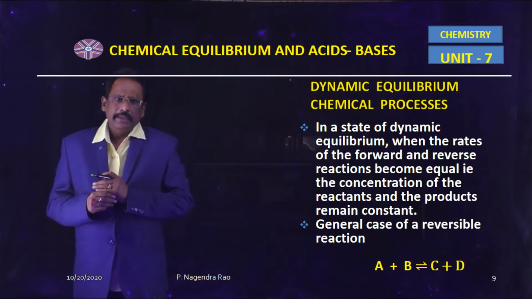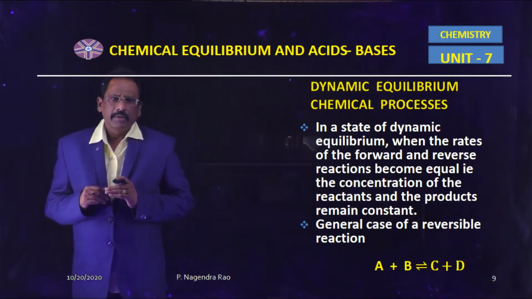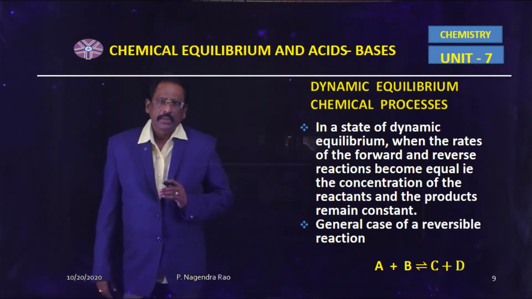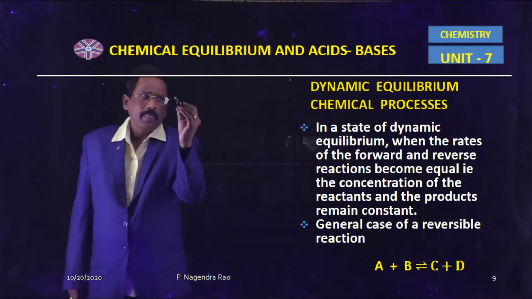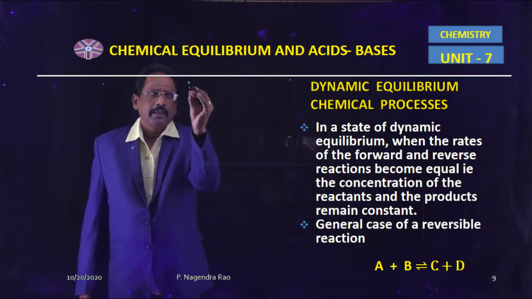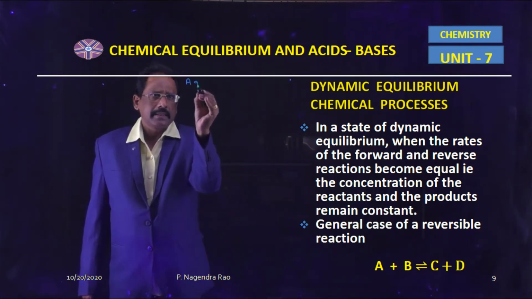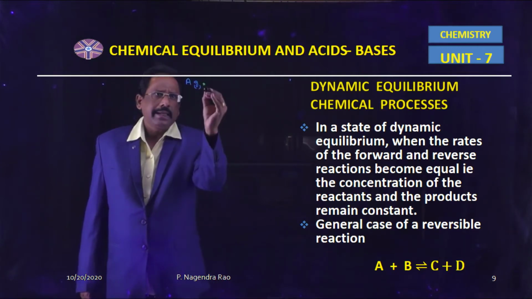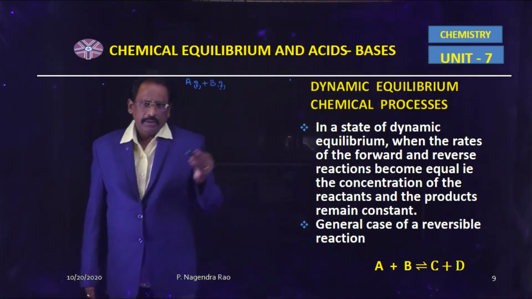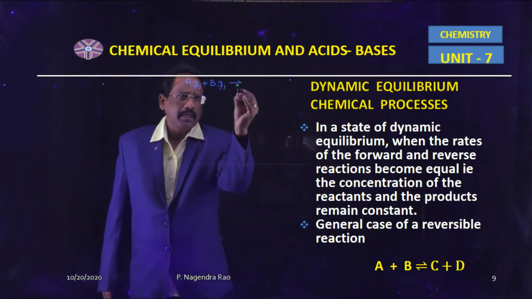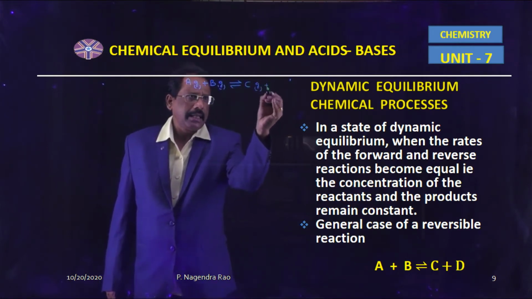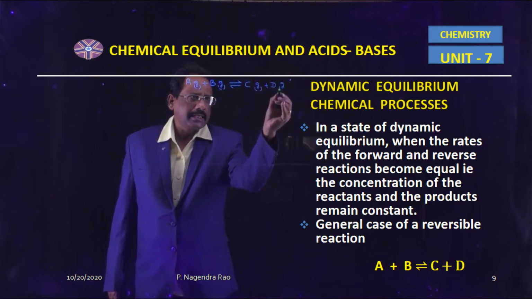Now, the dynamic equilibrium in chemical phenomena. For example, if A gas reacts with B gas, it is in dynamic equilibrium with C gas and D gas.